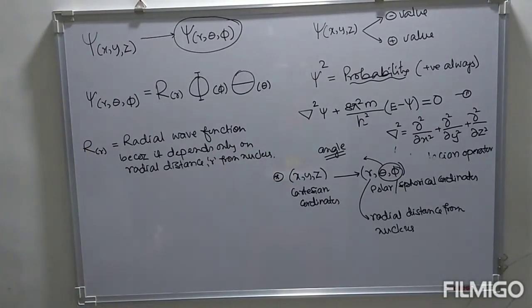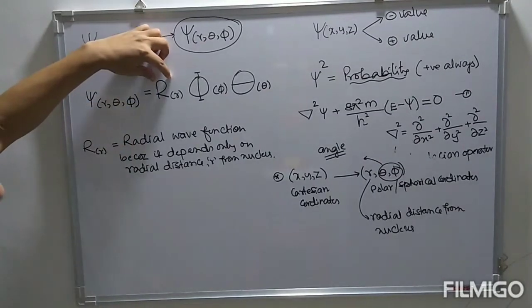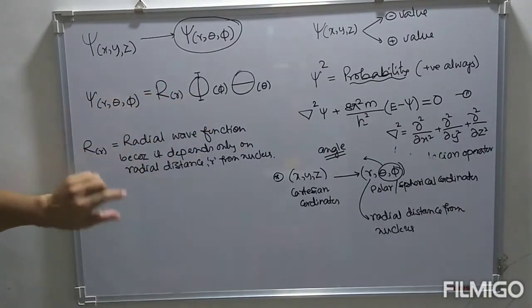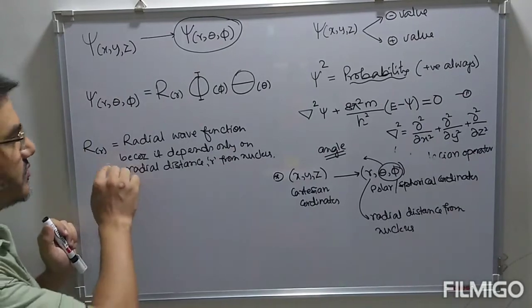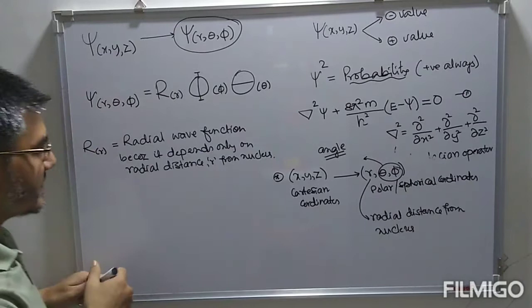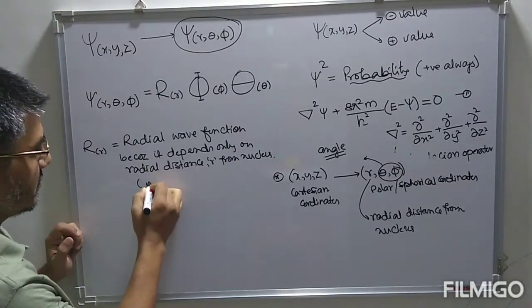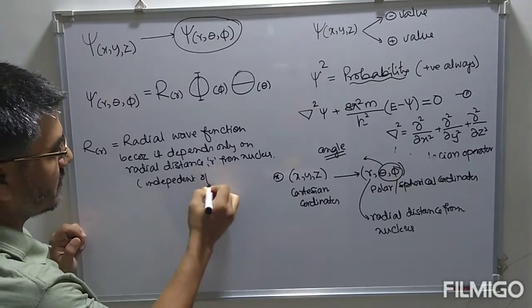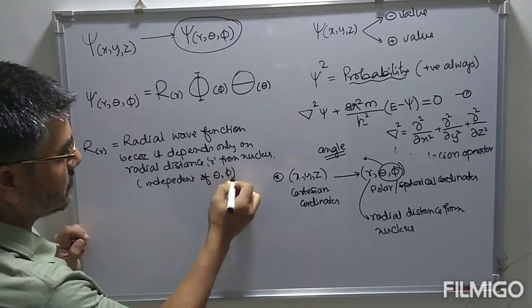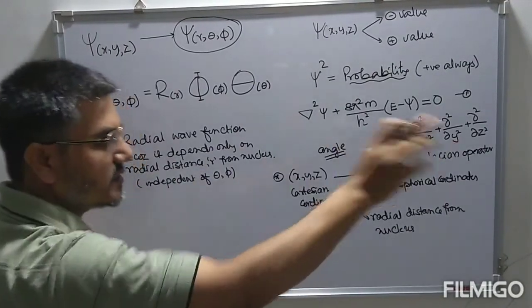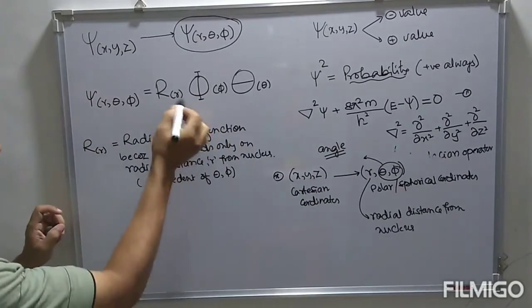So we have a wave function capital R, which depends on the value of small r. The value of this radial wave function depends only on r and is independent of theta and phi. R depends only on the radial distance from the nucleus, so we say this is a radial wave function.